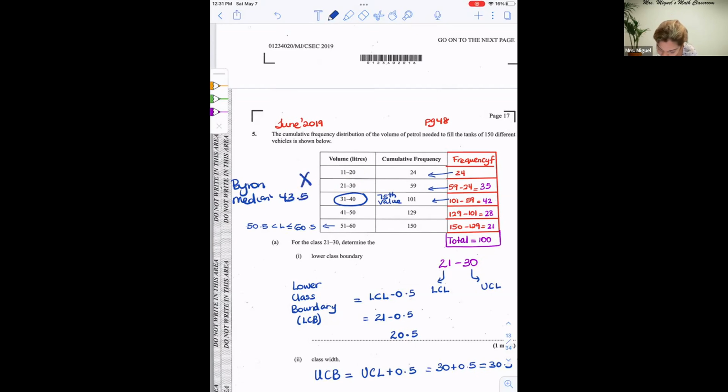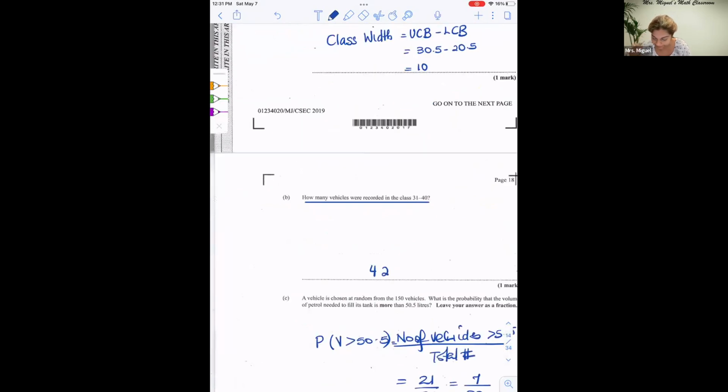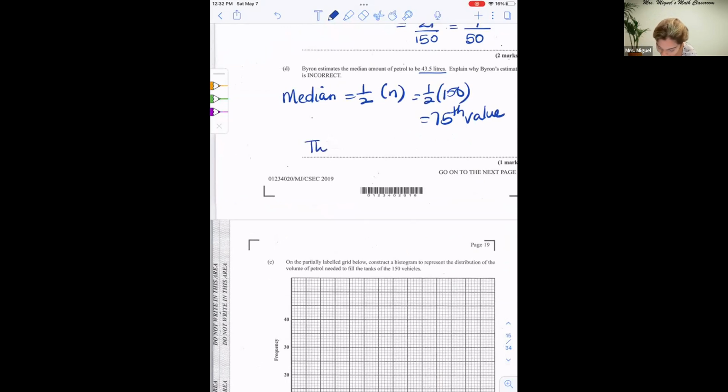So Byron is wrong because the median is supposed to be in this interval. If he had put 33.5, he would have been correct. The median interval is 31 to 40. So Byron is incorrect.